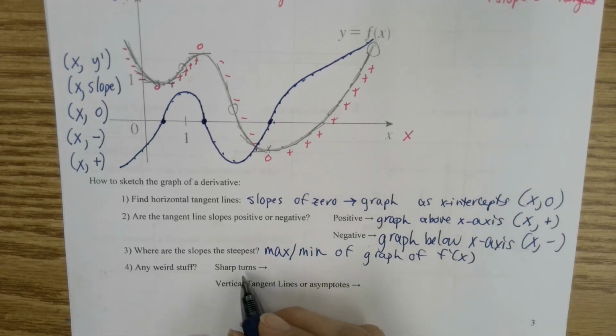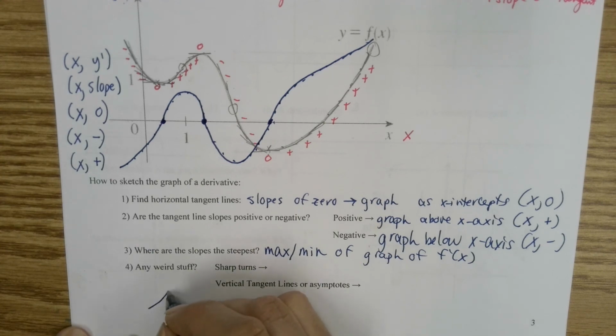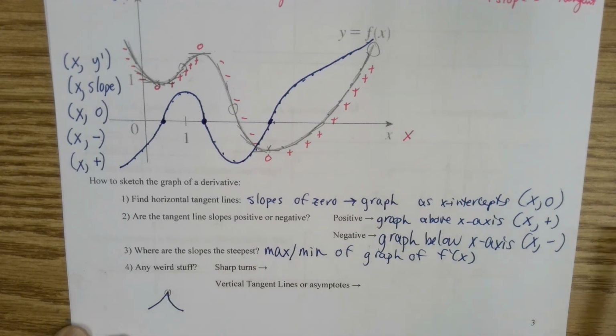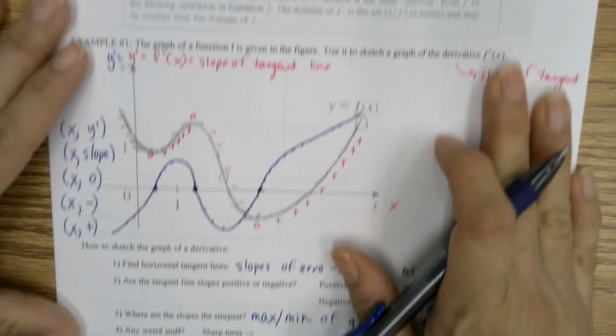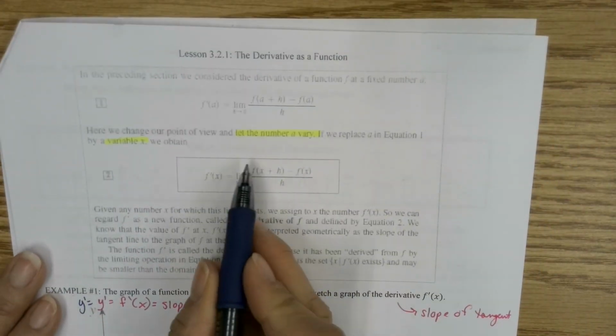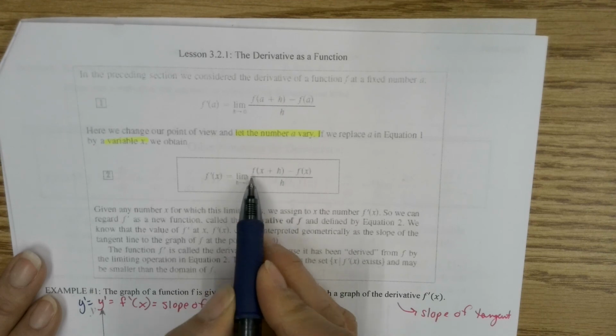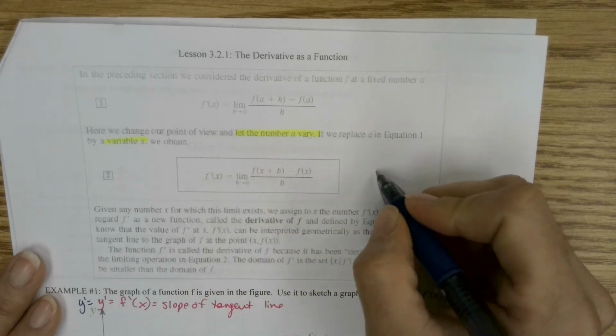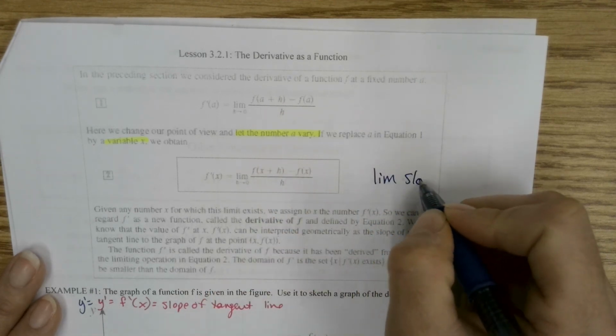When a sharp turn happens, for example, if you had something like this on a graph, the tangent line right here does not exist. Why is that? Well, a tangent line is coming from this idea of a limit, and this is a calculation for slope. So this is the limit of a slope.